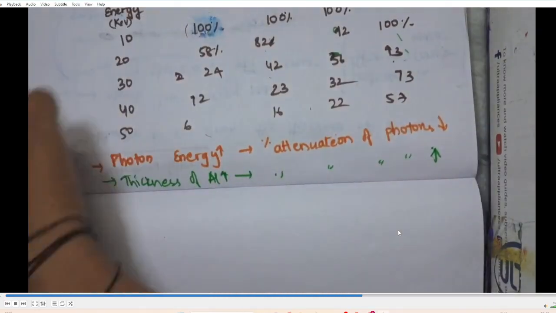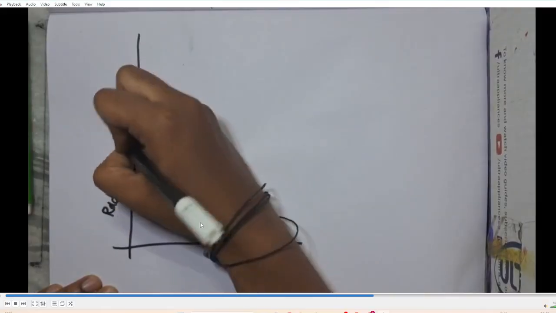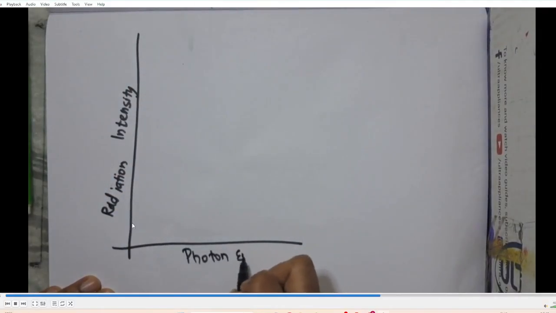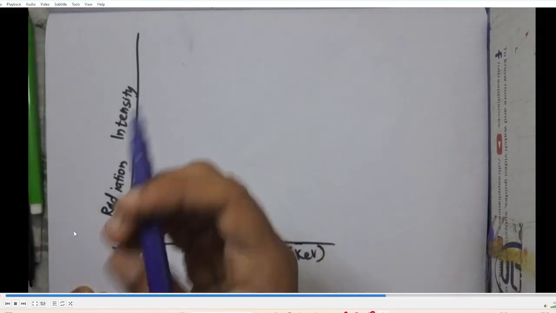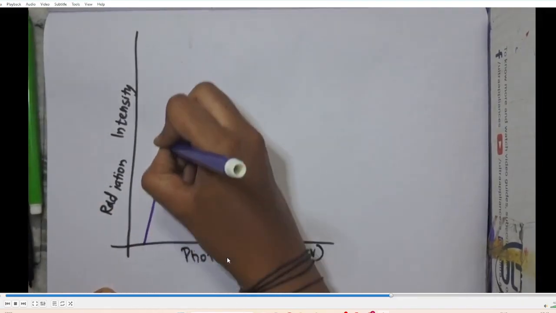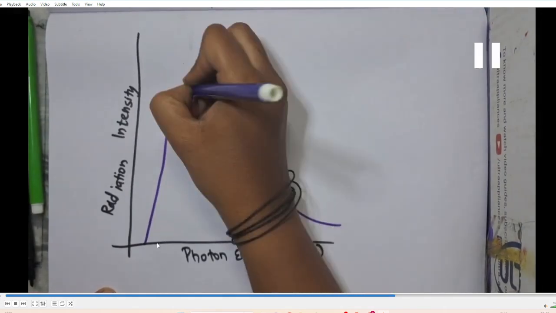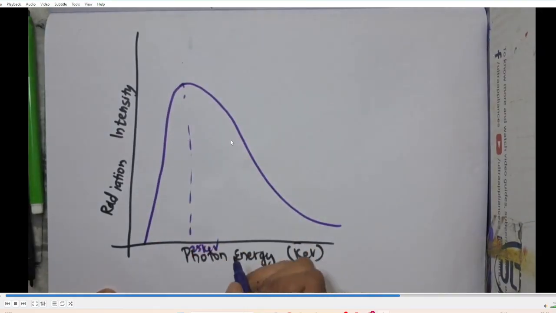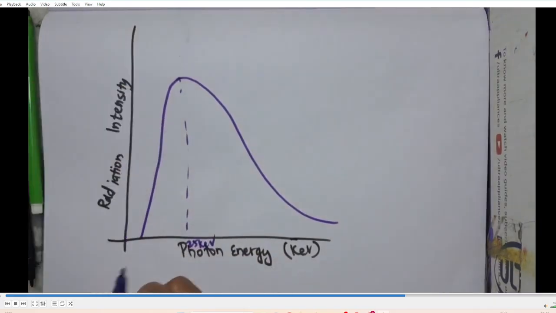Then the next thing, we have a graph showing the radiation intensity on the x-axis and photon energy on the y-axis. We have to see the effect of aluminium filters on a 90 kilo electron volt polychromatic X-ray beam.